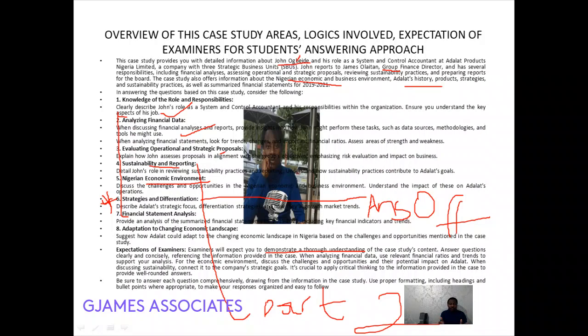Analyze what you need to analyze, and when you are analyzing, don't be giving us only information like it is going up, it is going down, it is increasing from 2019 to 2022. Everybody can see that. Even though it's increasing, what is the driver? Why is it increasing? What makes it increase?